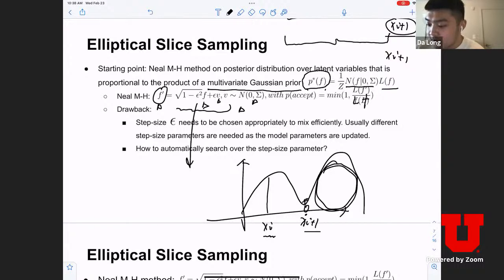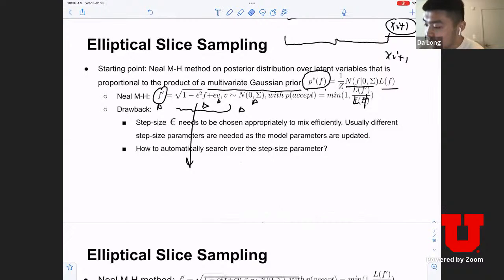So in naive MH, you need to choose the step size very carefully, and usually during training you may need to use different step size parameters.